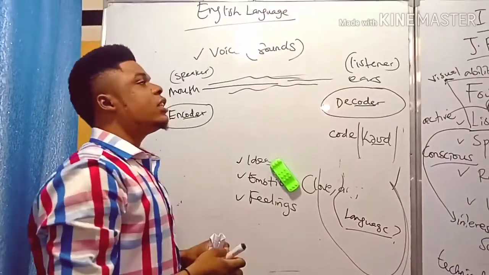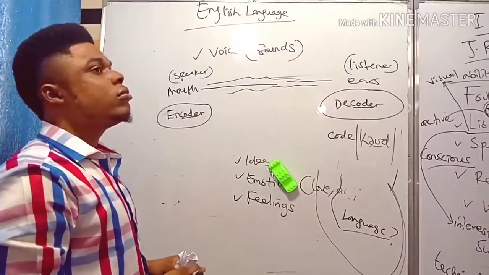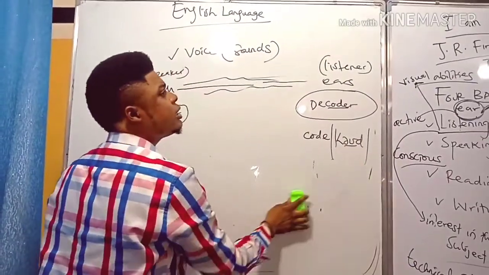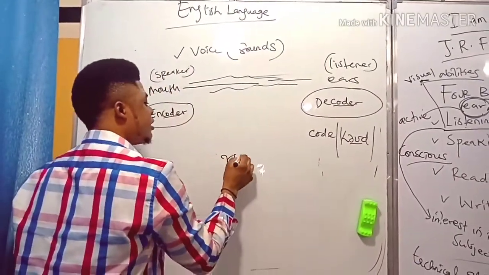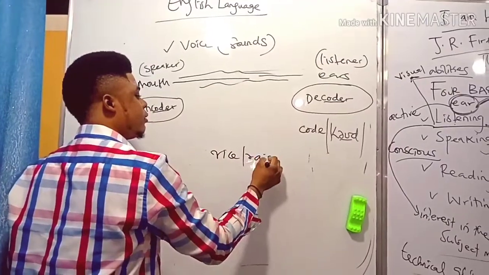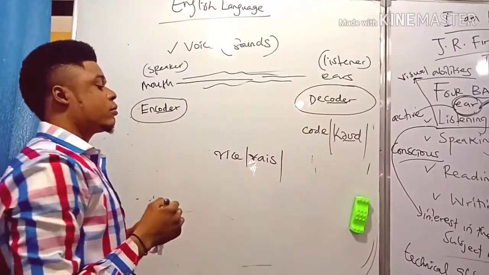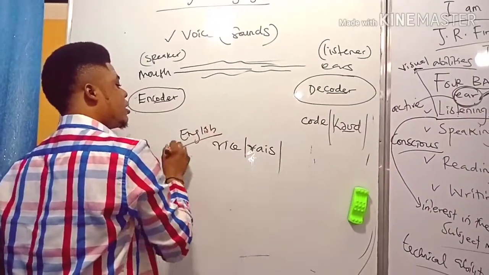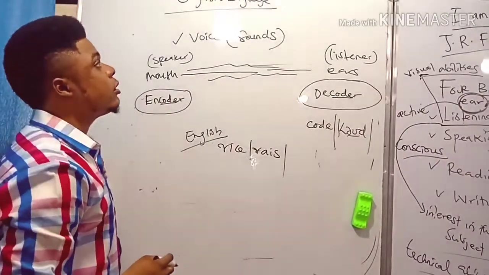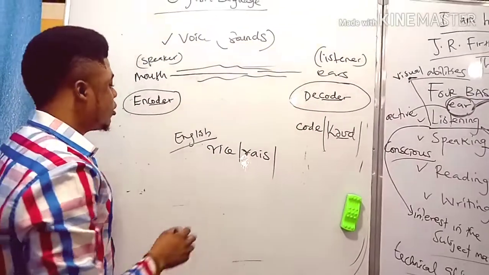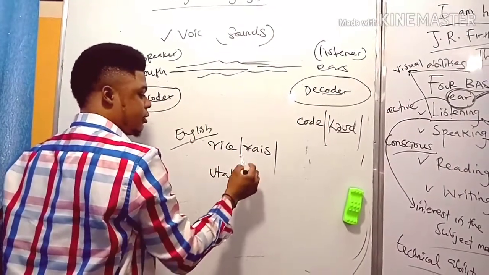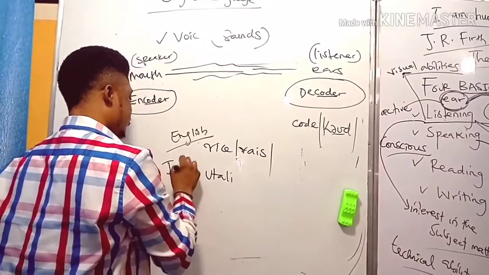Because if I say, for instance, let's take spaghetti. If I say spaghetti, or let's say rice. If I say rice, this is an English word. And someone says otali. This is an Igbo word.